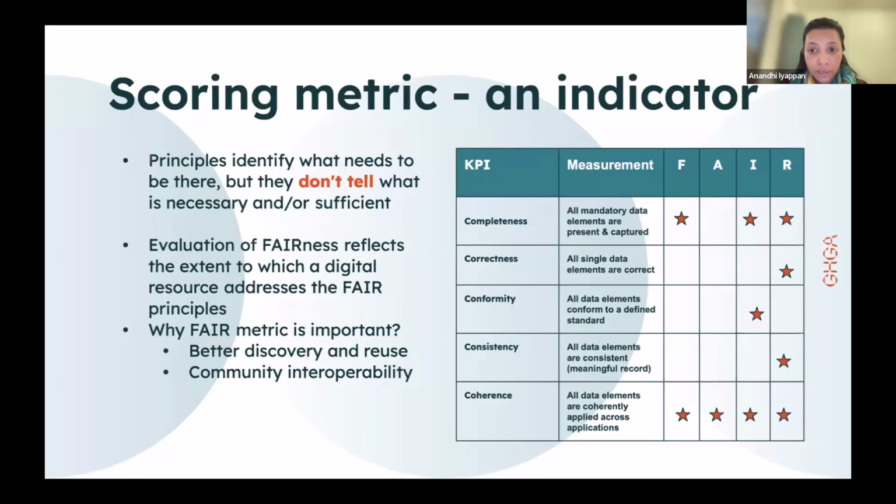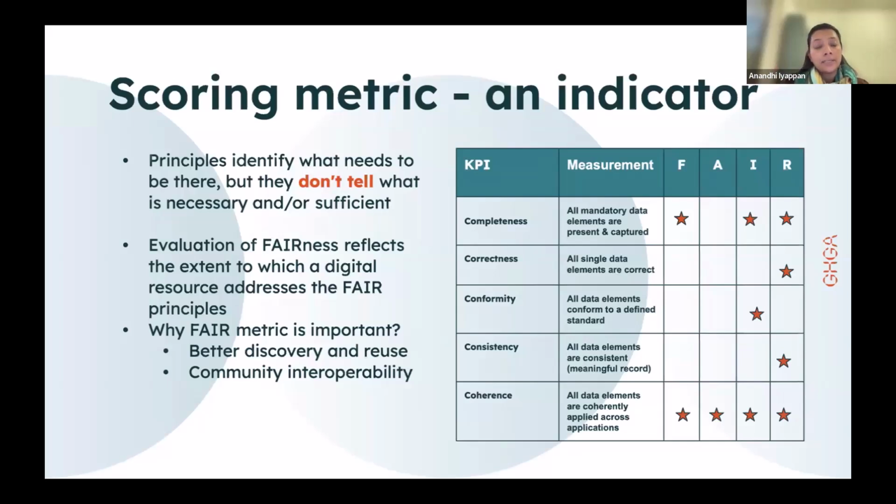We can always first check for completeness, ensuring that all the fields are captured in the data, in a spreadsheet that we are capturing information. Correctness of the data, ensuring all the information we are submitting is correct with no spelling errors, with no inconsistencies whatsoever. And ensuring that all the data elements conform to a defined standard. For example, if you're using units, using the right units and not using the wrong ones.